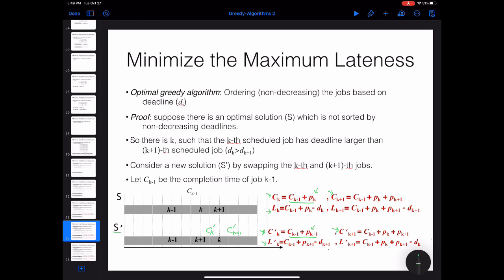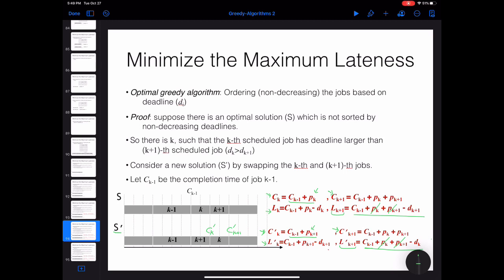So I can draw some conclusion about the latency of the K plus 1 job, right? I can just compare this one and this one, because whatever PK and PK plus 1, the processing times, are appearing in both terms, so I can just remove them.